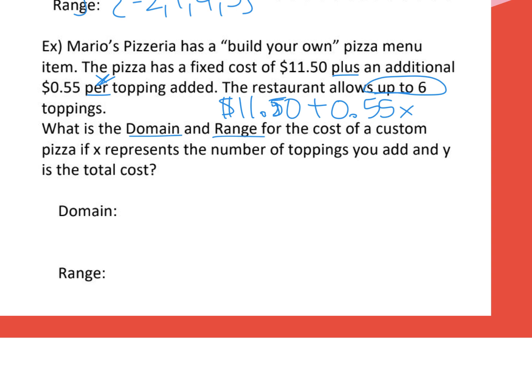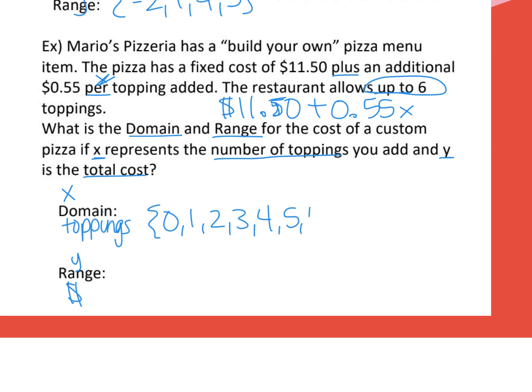Okay, it also tells us X is toppings, so domain, or X, is our toppings, and Y, or our range, is our money. So if it says we can have up to 6 toppings, maybe you just like cheese pizza, 0, 1, 2, 3, 4, 5, and 6.